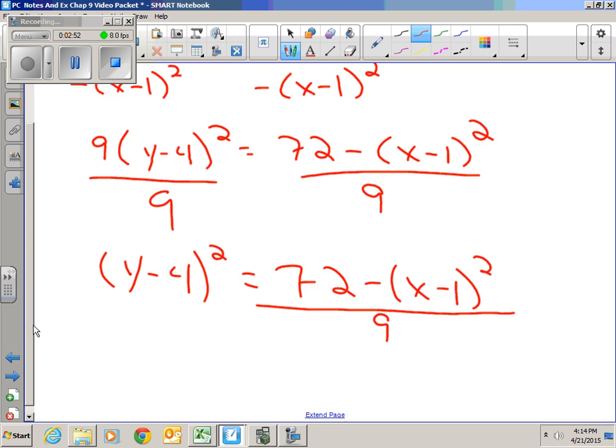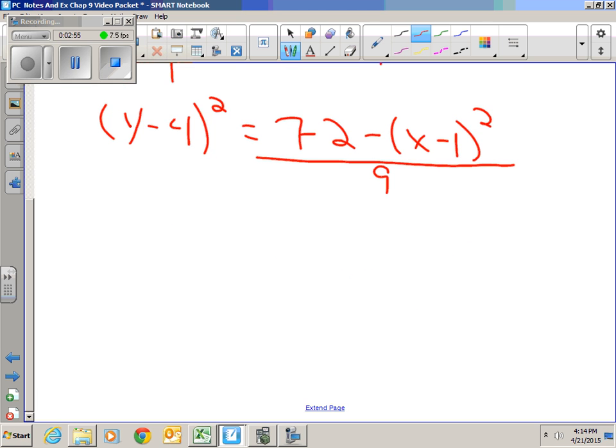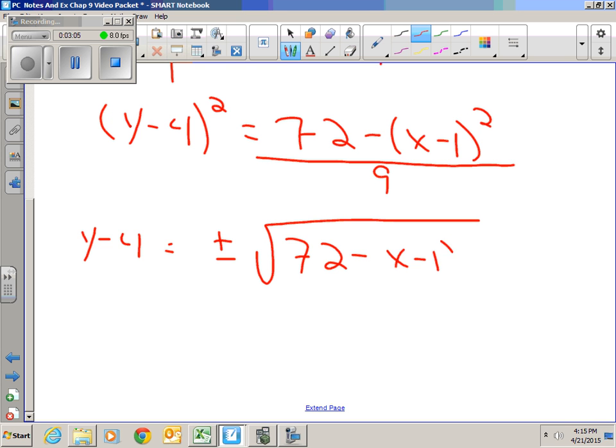I'm now going to take the square root of both sides. So y minus 4 is equal to plus or minus radical of 72 minus x minus 1 quantity squared, that whole thing divided by 9. Then I'm going to simply add 4 to both sides.